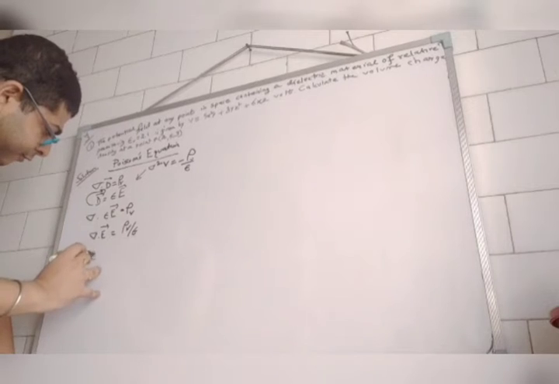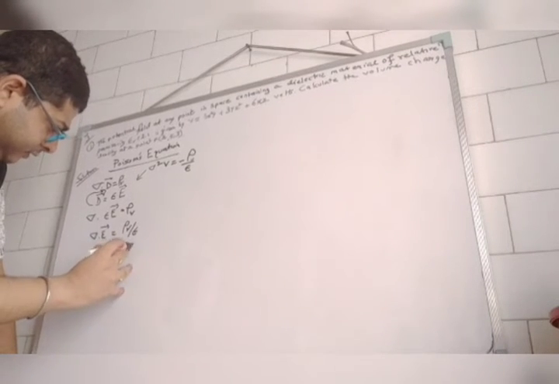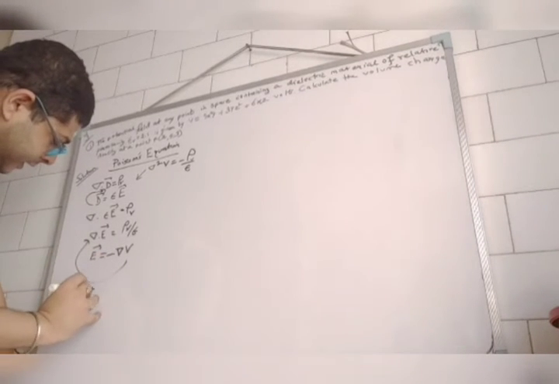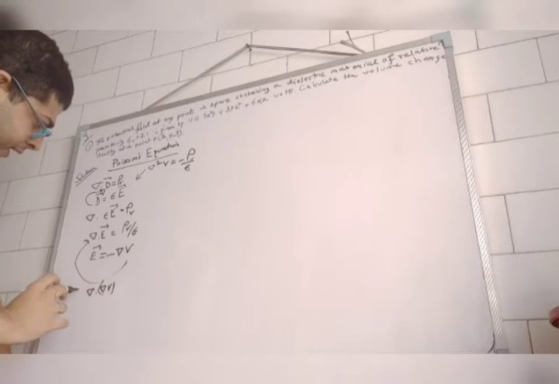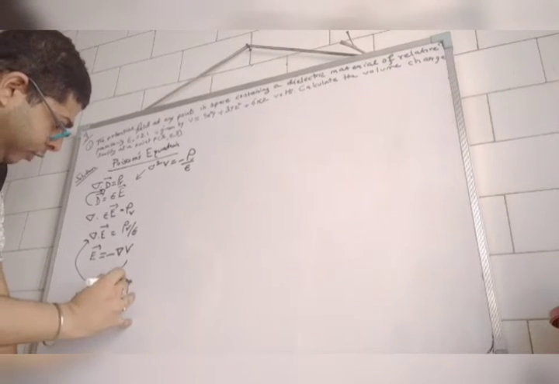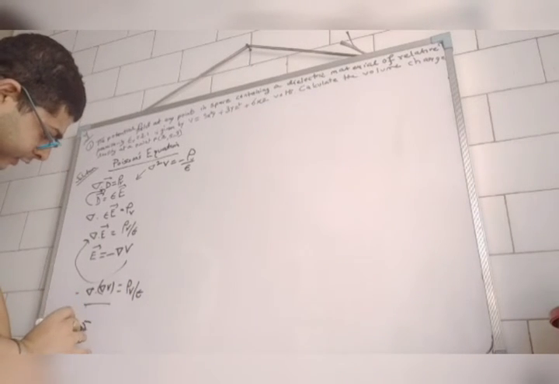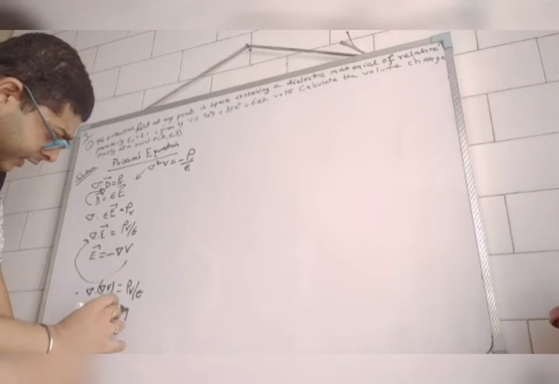And we know that electric field is related to potential by E equals minus del V. If you put this here, you will get del dot del V with a minus sign. Now I can write this as del square V, and take the negative sign to the right hand side.